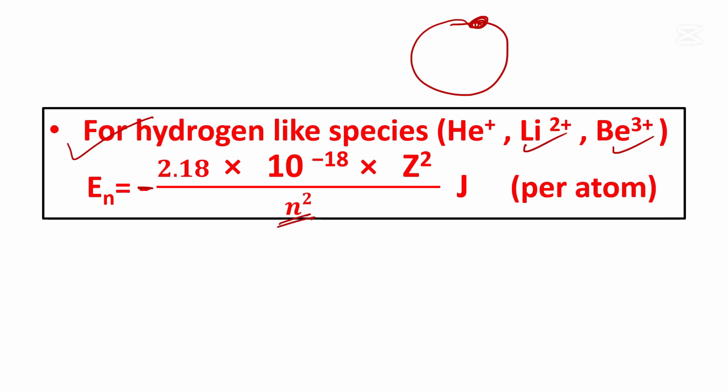You can put n is equal to 1, 2, 3 or 4, and Z means the atomic number. You will get the answer in joule, and this is for one atom. If you want to measure per mole, then you can multiply the answer by Avogadro number. You will get the answer in per mole.